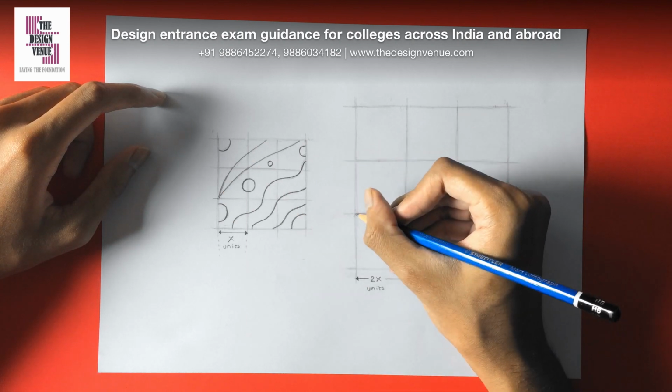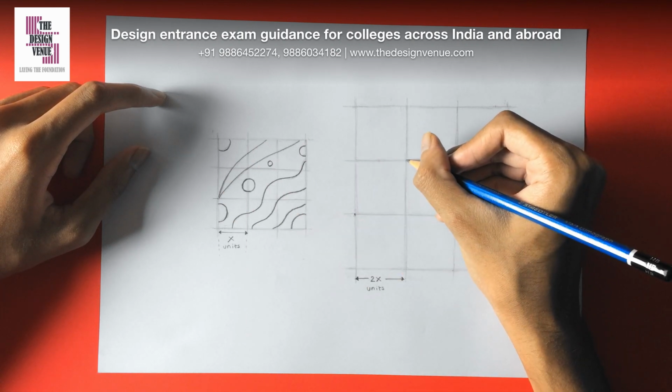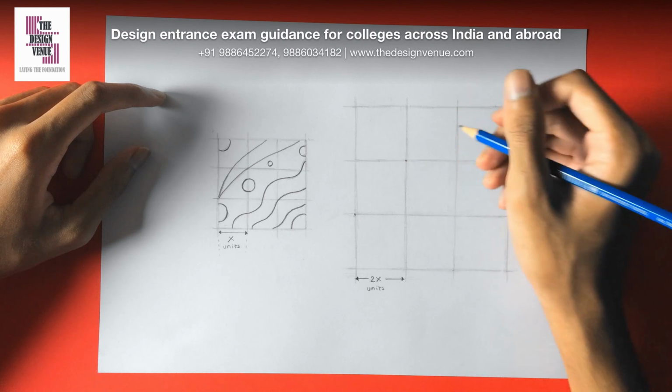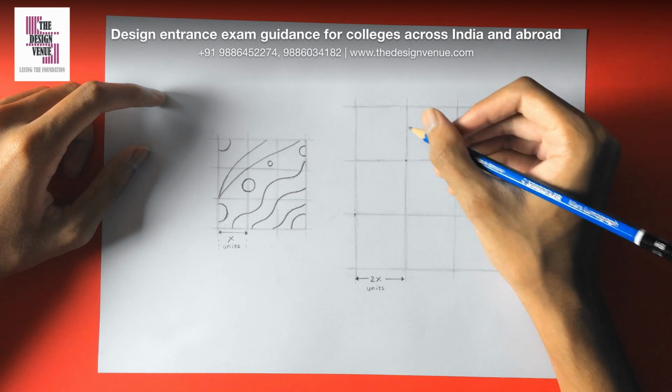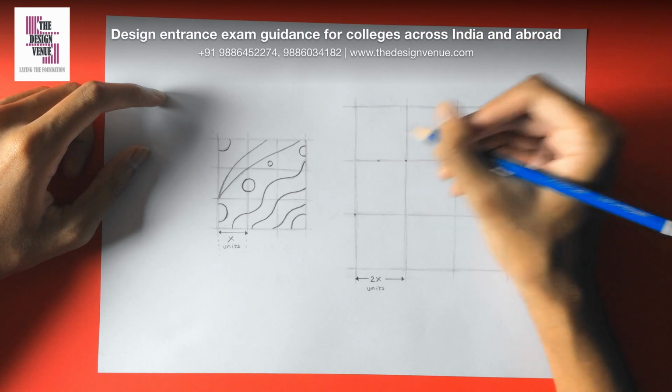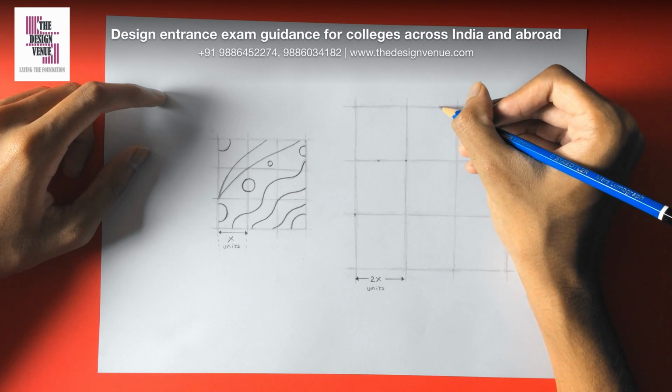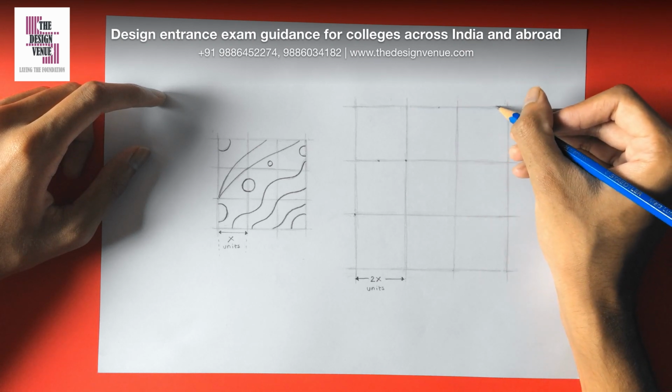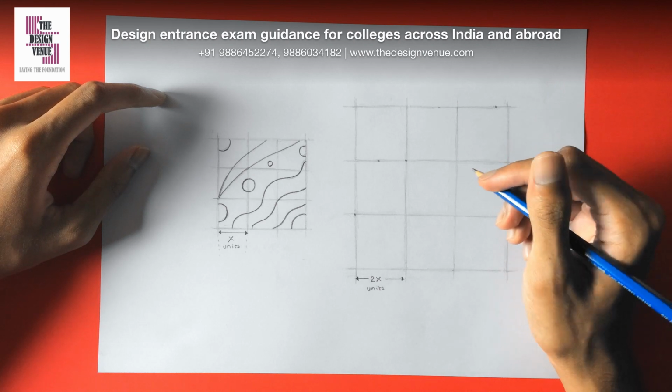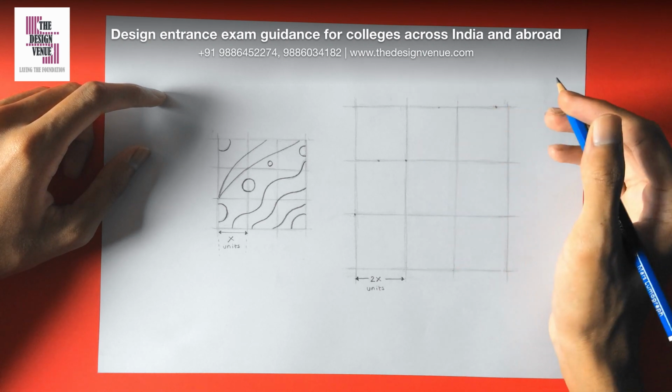In the same way, I can now plot these points here on this grid, and also the midpoints and the endpoints. A few of these could be exact intersections, a few could be an estimate.